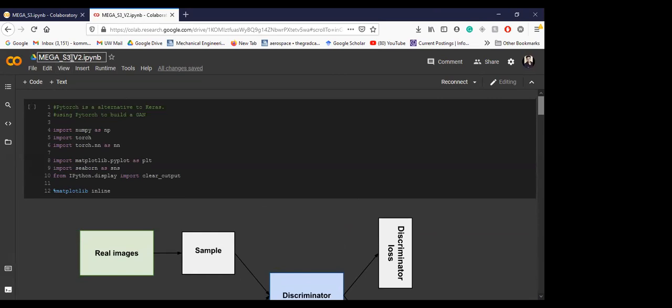So the Mega S3 IPython notebook is basically for your reference, and the session version 2 is partially incomplete, and we'll go into it now.